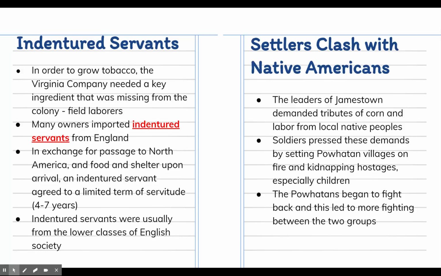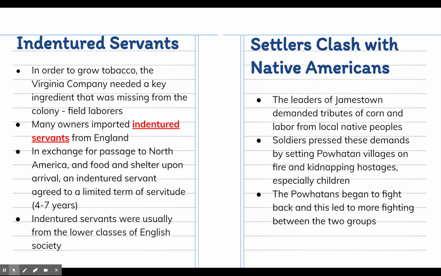Indentured servants were usually from the lower classes of English society. So for them, they saw it as an opportunity to come to the New World. They would have to do work for several years, but once they were done, they were now in America and they could pursue their other opportunities. Okay, so for that time, they worked for their owner.